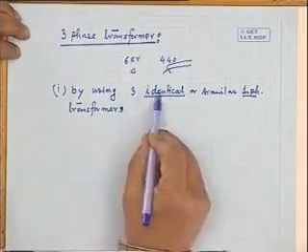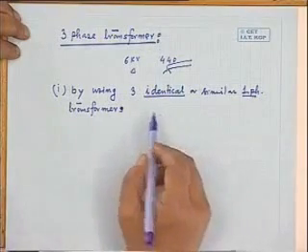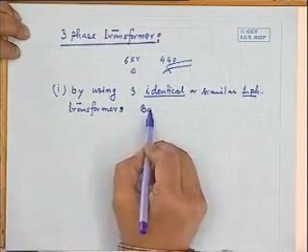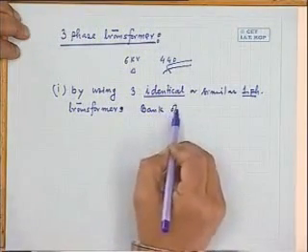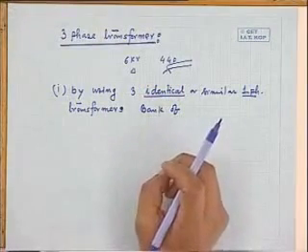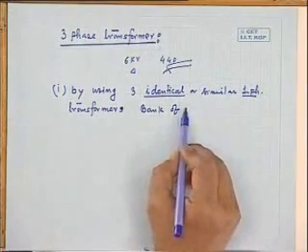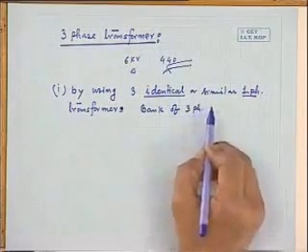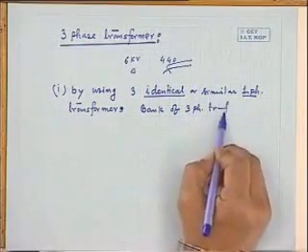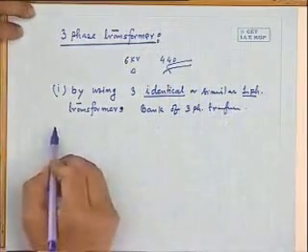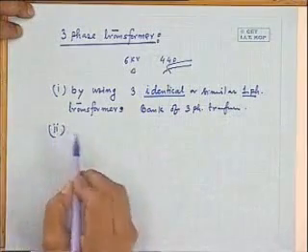This is the first thing. You can have a three-phase transformer connection, and in such cases, such a three-phase transformer is called a bank of three-phase transformers, because you are using a bank of three single-phase transformers.